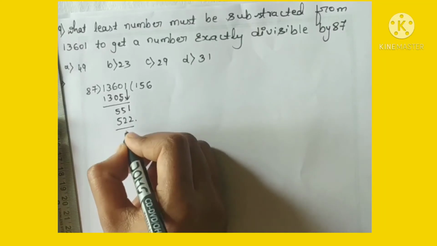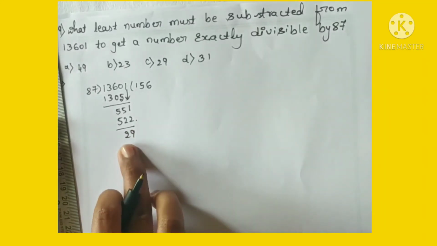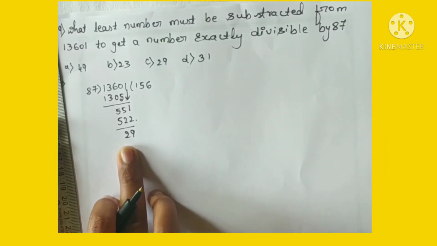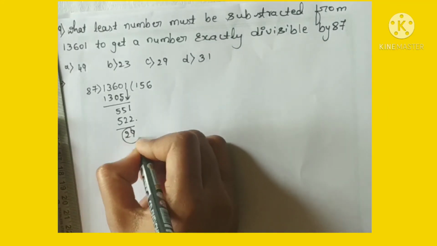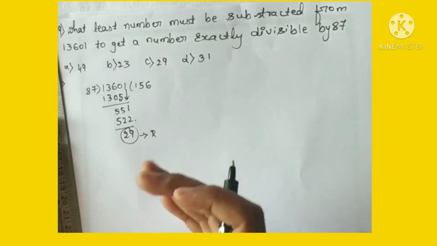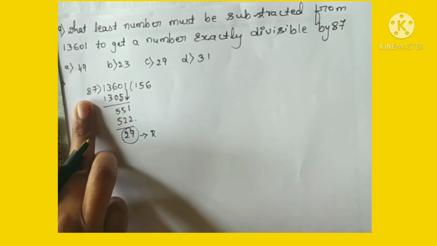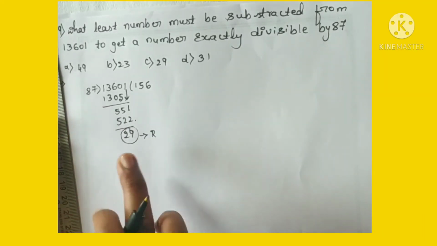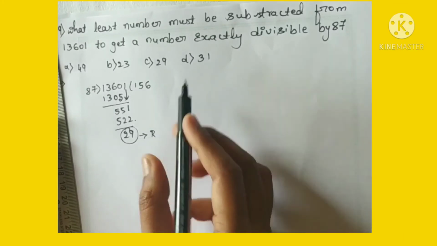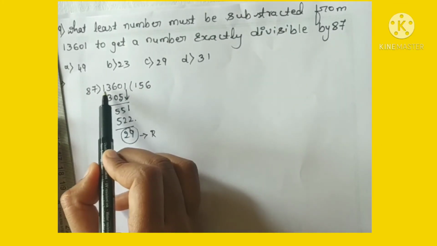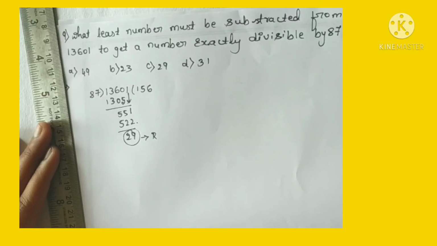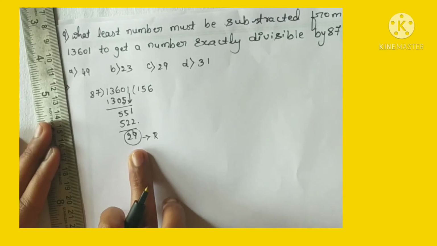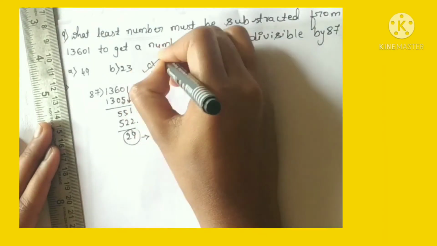Here the remaining is 29. This is the remainder. Here we cannot proceed further because this remainder is smaller than the divisor. So if I subtract this remainder from the given number, that is 13601, the number will be divisible by 87. So the correct option is 29.